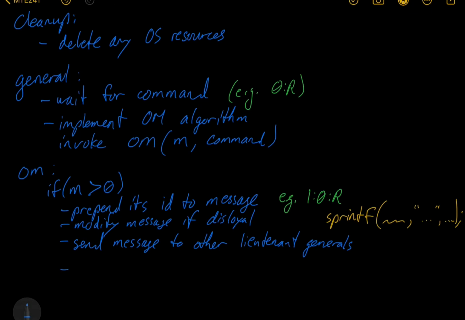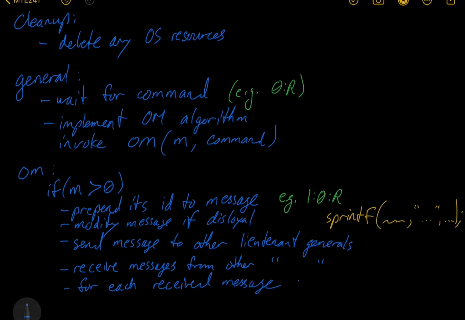Once it's done that, it's going to receive messages from the other lieutenant generals, and for each received message, let's call that RM, it's going to invoke OM. Now we're going down one level of recursion, so M-1, and then the message that is received.